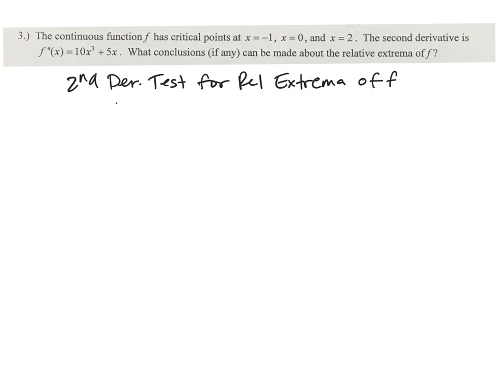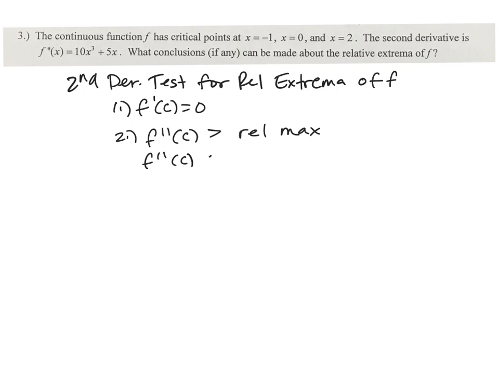It says, first of all, if we have a c where f prime of c is equal to 0, the first derivative is equal to 0, and if the second derivative exists, which it does in this case, then we'll look at f double prime of c. If f double prime of c is greater than 0, then we have a relative max at that c.